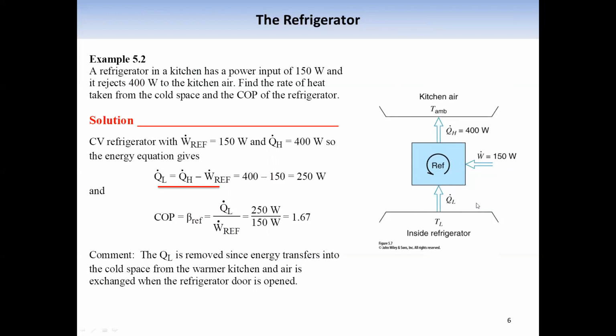So to answer the first question, we use the energy balance equation. QL is the difference of the QH dot term and the W term. And the COP of a refrigerator, by definition, is QL divided by W, the work provided to the refrigerator.